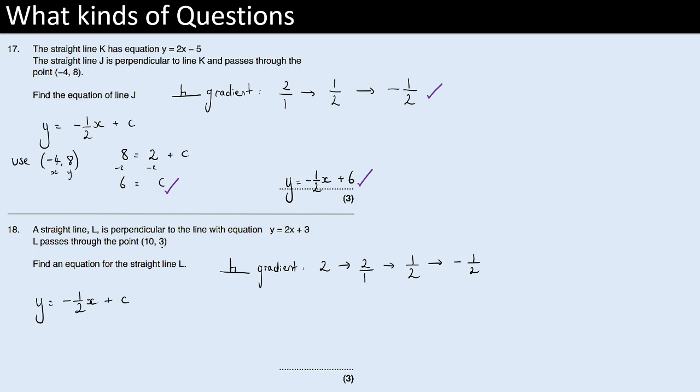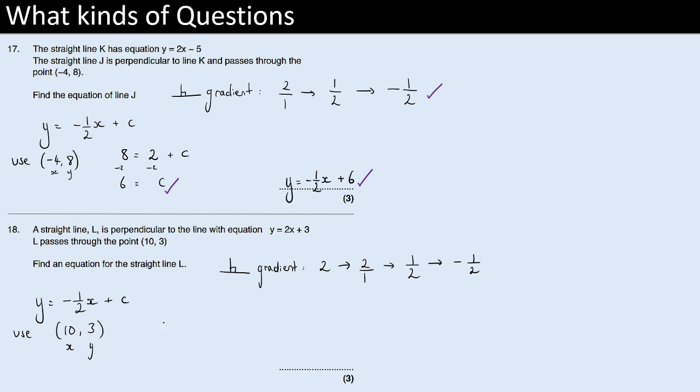But this time we've got a different coordinate. We've got (10, 3). Okay, and I've got a feeling this is going to end up with some fractions. So here we go. 10 is our x value. Oh, excuse me, y is our 3. And I've changed my mind, I don't think this is going to involve fractions.